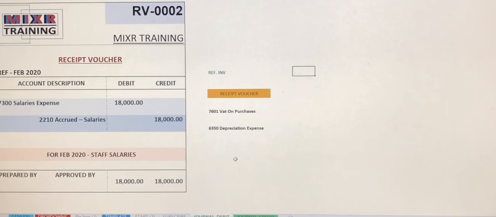Again, if it is cash or check, it will go to RV, Receipt Voucher. If you remember, in our previous videos, we already have a transaction for RV1. So in this receipt, we're going to make it 2.